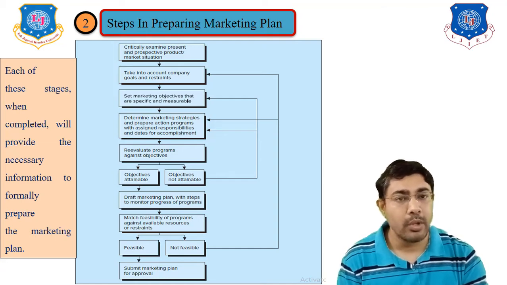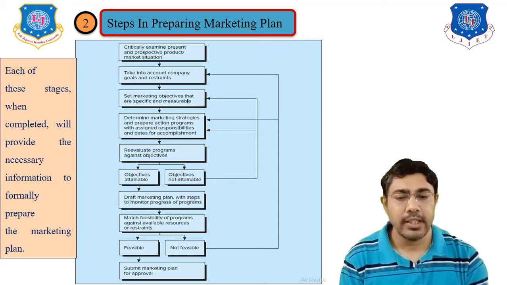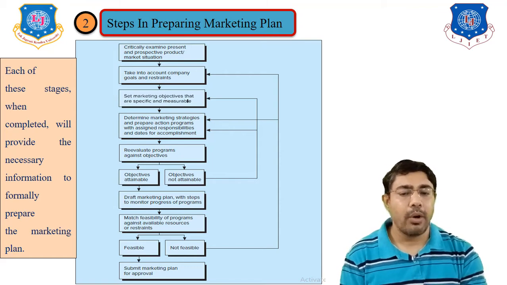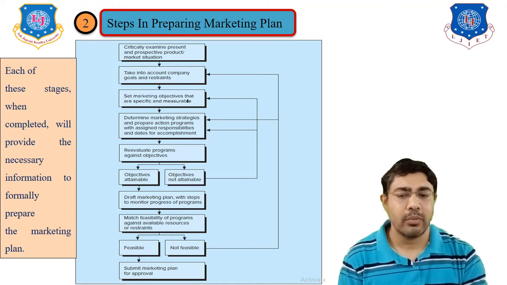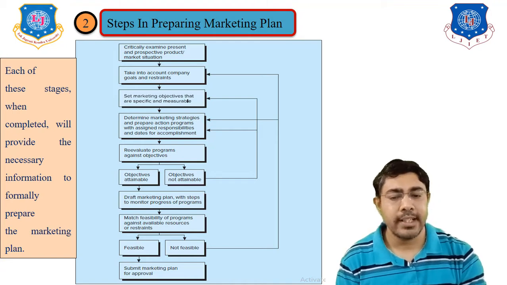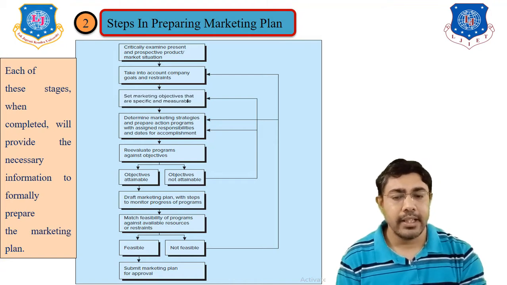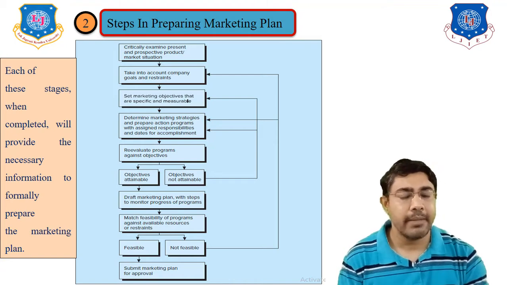If the objectives are not attainable, then you have to go back to step 3, and if the objectives are attainable, then you have to go to the next stage, which is nothing but the draft marketing plan.